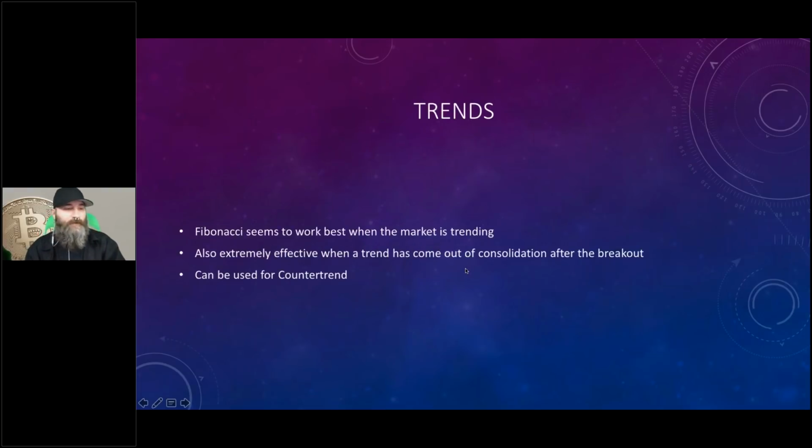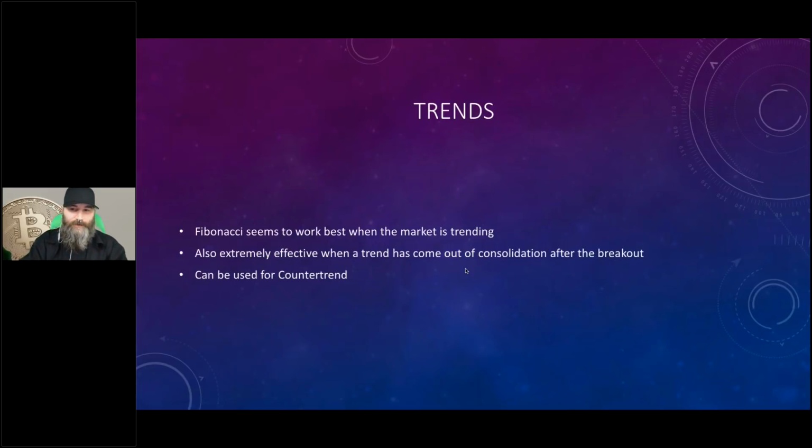Big stuff. Now, a word about trends. Typically, Fibonacci seems to work best when the market is trending. And for that, you may see a large channel where price action is working its way down, coming up and going down, coming up and going down, but it's within a parallel channel.